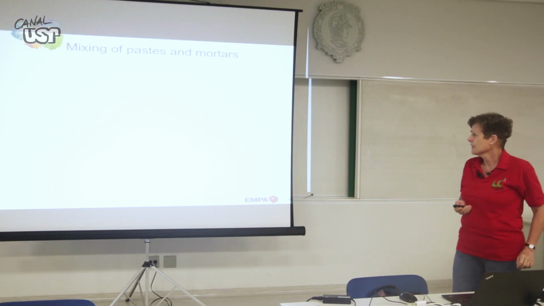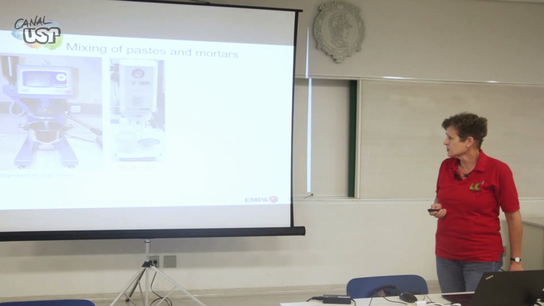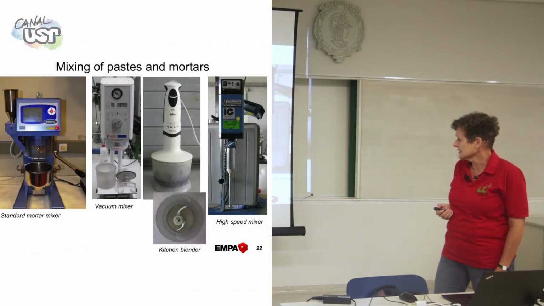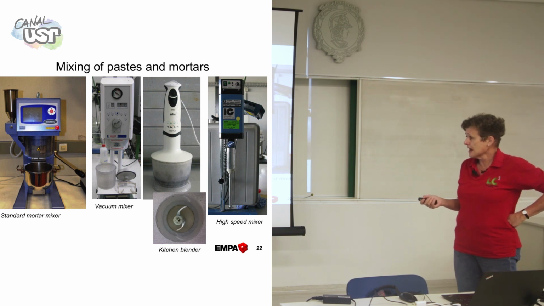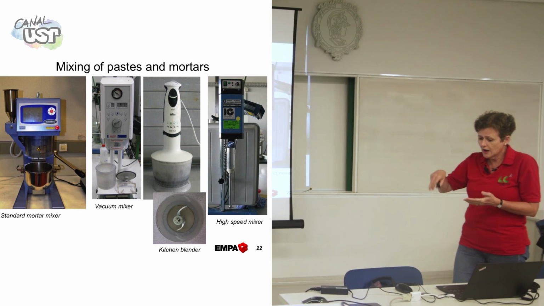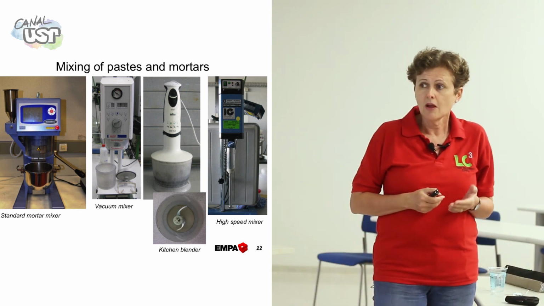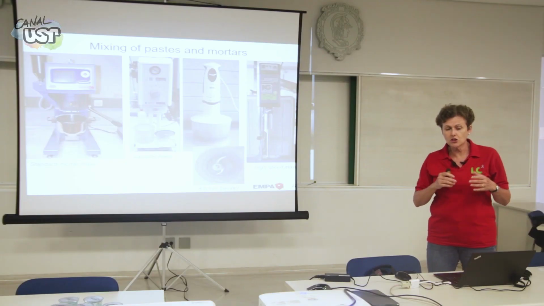The next thing is about mixing. You can use a lot of different techniques for mixing. Here are some examples. This is a standard mortar mixer, and this is quite low intensity mixing. But you have to be aware that in a mortar, a lot of the mixing action is brought by the aggregates.